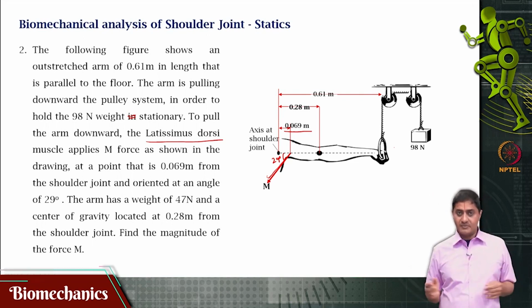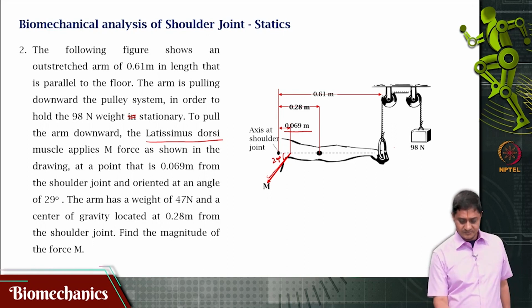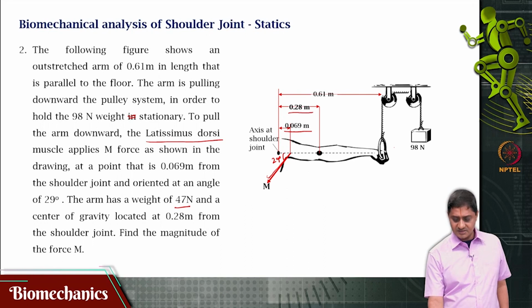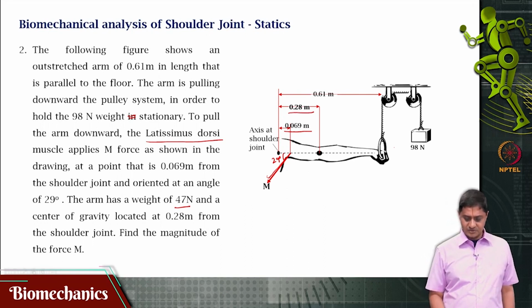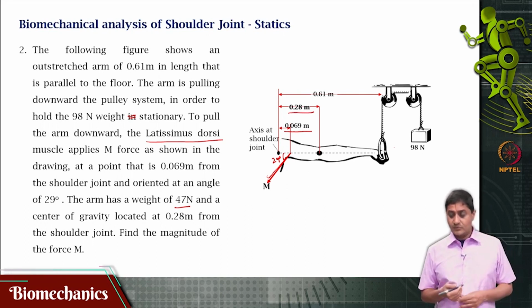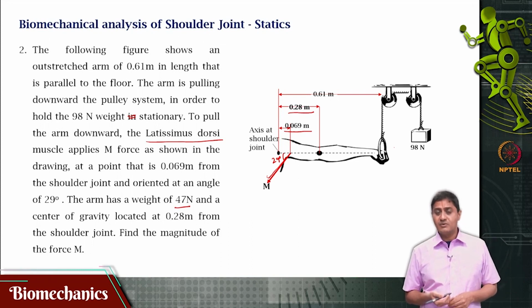The whole arm has a weight of 47 newtons and its center of gravity is at 0.28 meters from the shoulder joint. Question is, what is the force produced by the latissimus dorsi muscle?